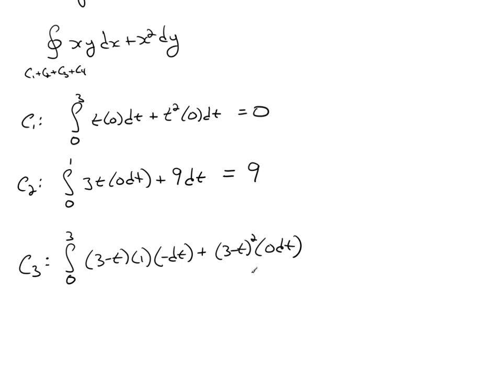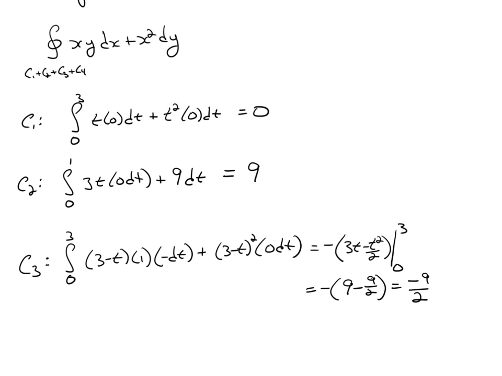So I'm going to end up with a negative of, because of this negative right here, 3t minus t squared over 2 evaluated from 0 to 3, which is going to be a negative 9 minus 9 over 2, which is negative 9 halves. So that's the contribution from C3.